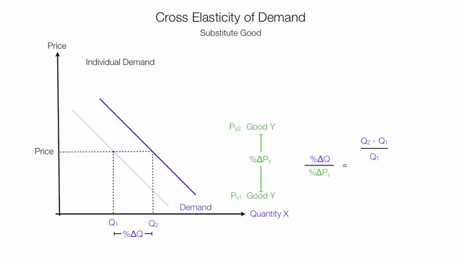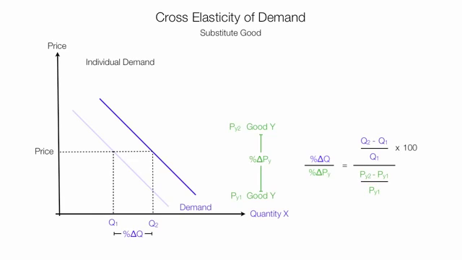I divide all this by the second price of good Y minus the first price of good Y divided by the first price of good Y. So I have PY2 minus PY1 divided by PY1.